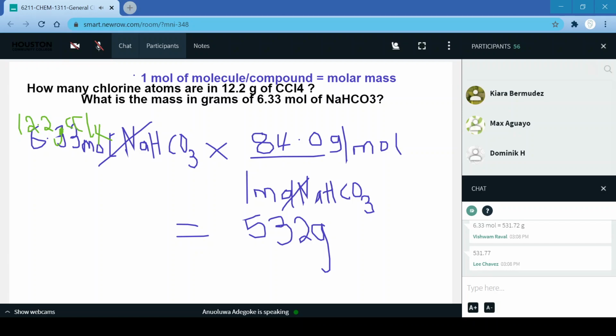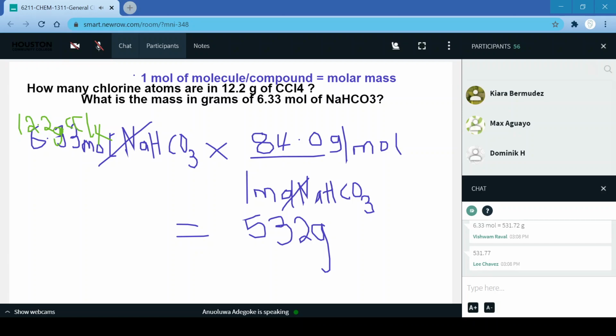We want to turn that gram to mole first because the relationship between grams and atoms has got to be the mole. And then when we turn it to mole, we will now relate that mole to the atoms using Avogadro's number. So whenever you see atoms, then it has to do with Avogadro's number.